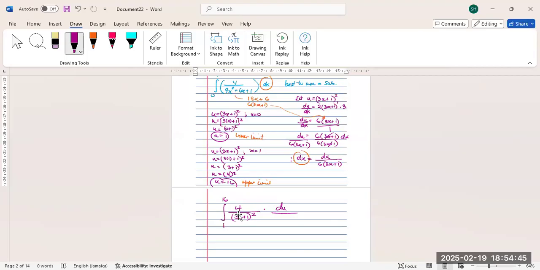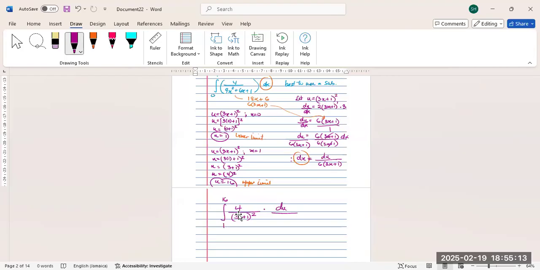And if I allow that to be 1 over 3x plus 1 squared, dx, I'm going to have du over 2 times 3x plus 1. Checking that differentiation, I did check it, I get the same thing there.